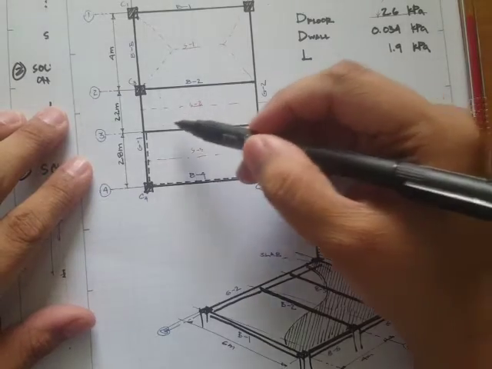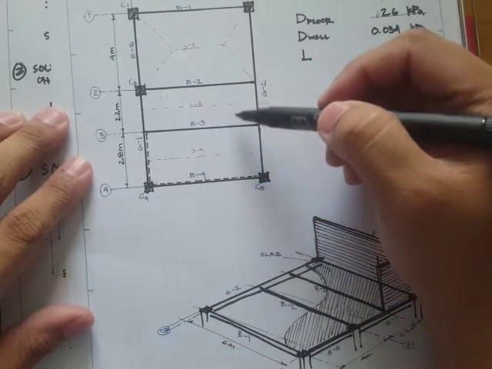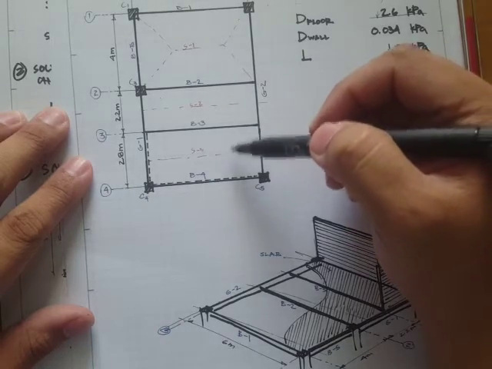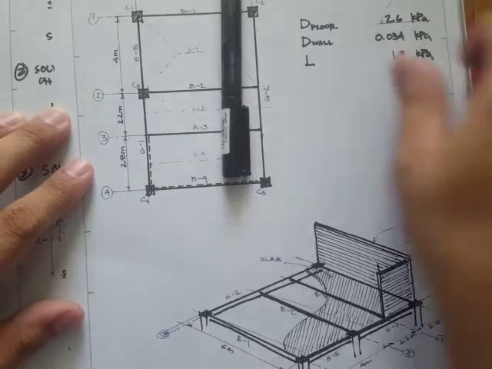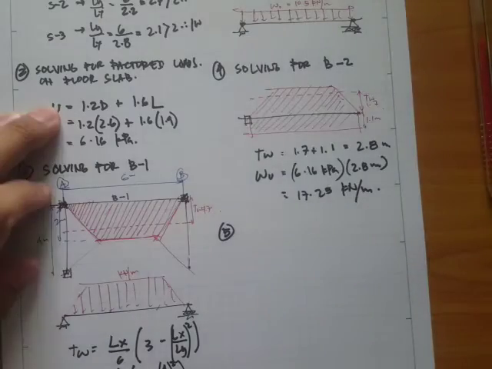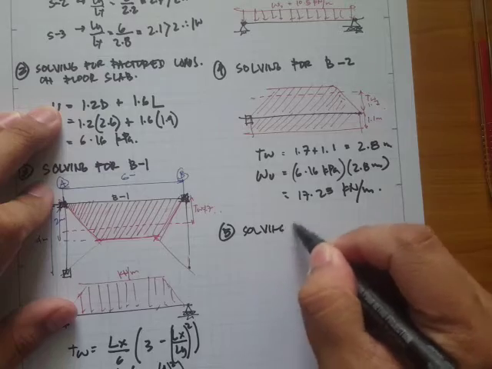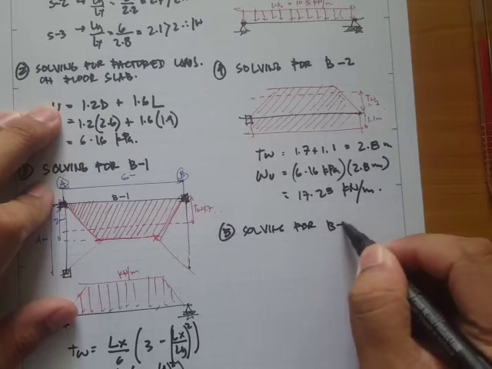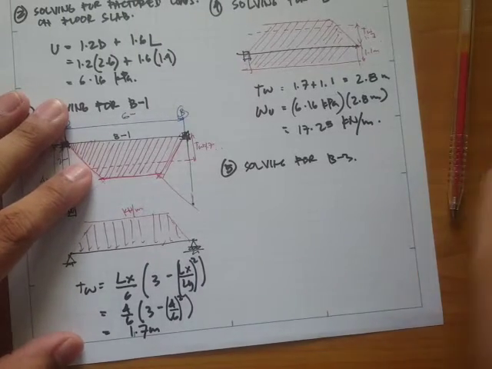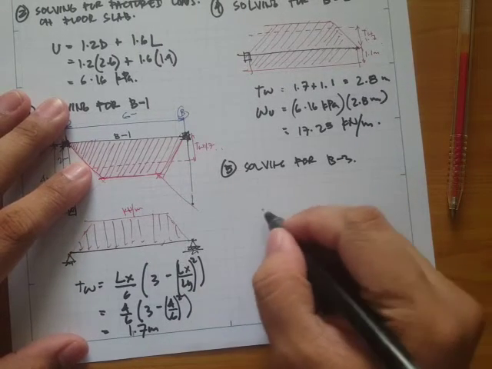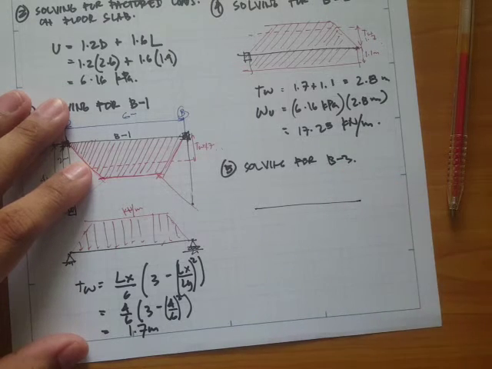Okay, for the next, solve for beam B-3. We have a one-way loading on the top side, and another one-way loading from the bottom side. Let's just draw it here. We're solving for beam B-3.